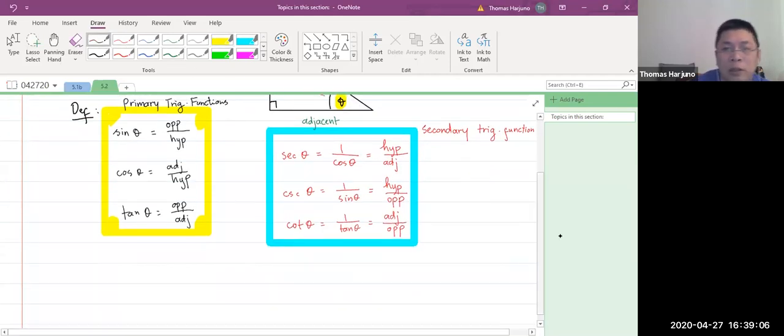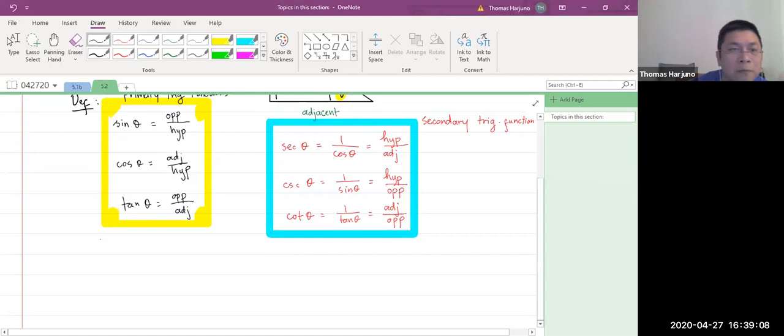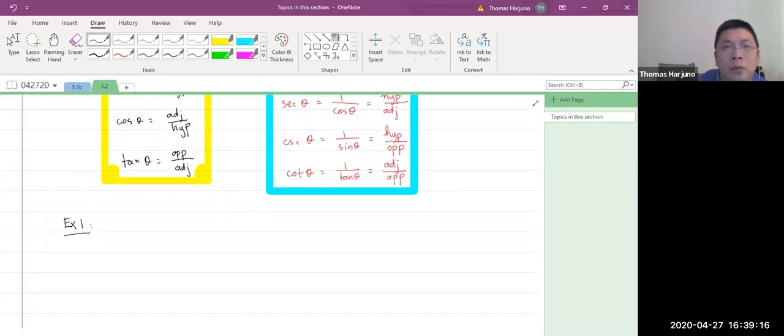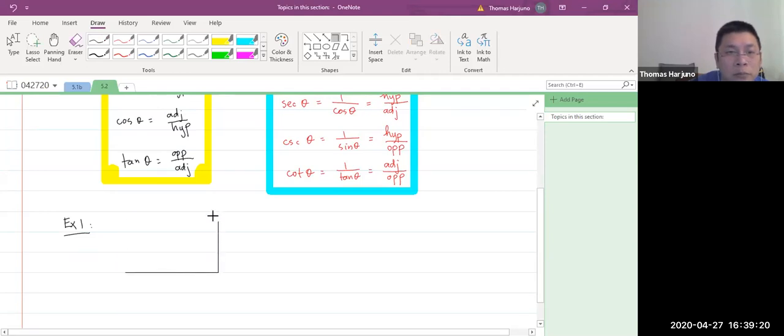I hope that these examples are actually quite simple. Example 1. Now, suppose I have a right triangle. Let's say this is triangle ABC, right angle at C. Okay.